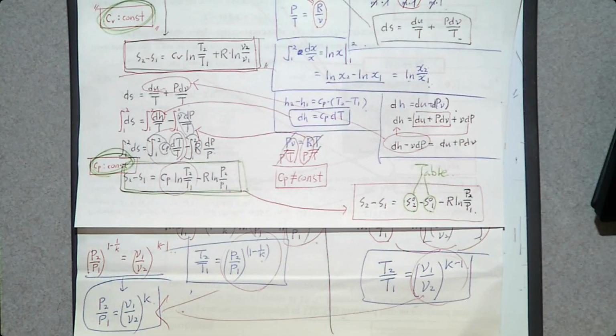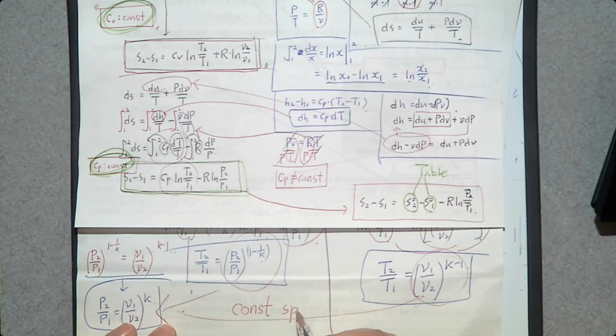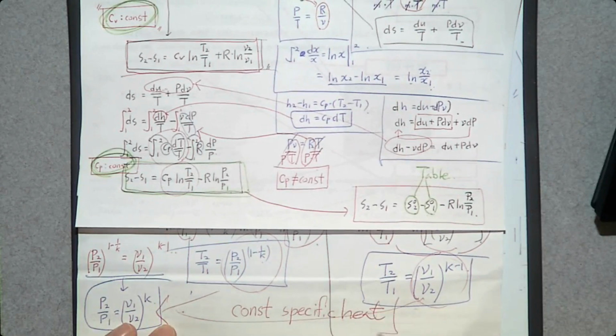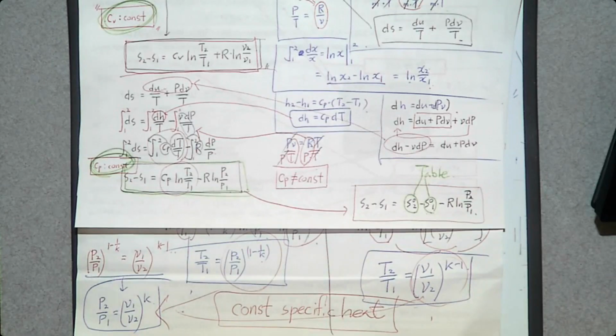What about if we cannot assume constant specific heat? Then we have to use this equation. Then can we use these three? No. So these three are only valid when we have constant specific heat. So this is the assumption.